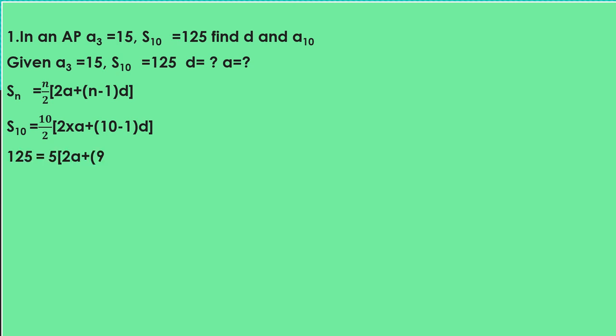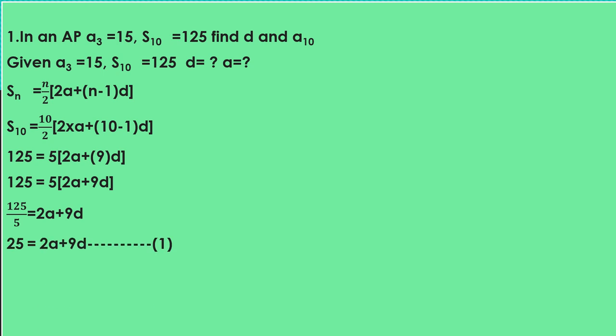S10 is 125, that equals 5 into 2a plus 9d. 125 divided by 5 equals 2a plus 9d. By dividing, you will get 25 equal 2a plus 9d. That is the first equation.